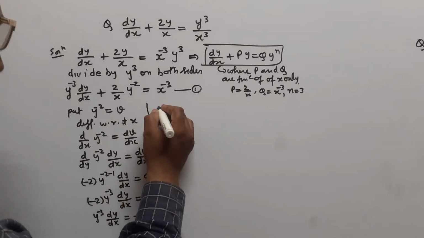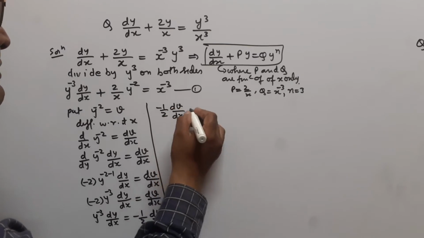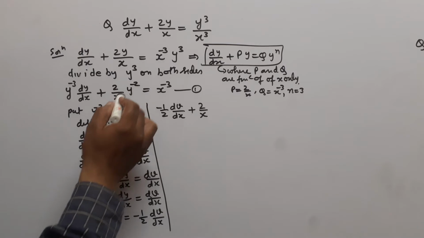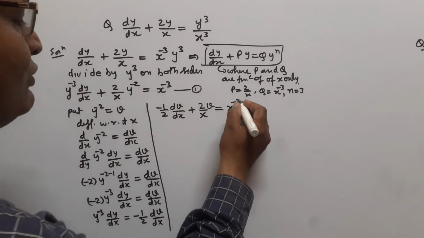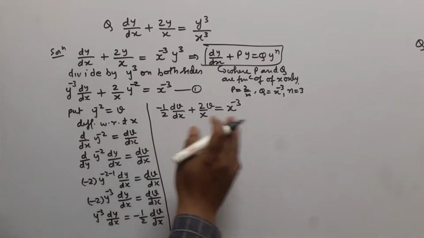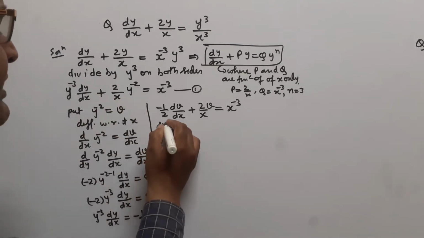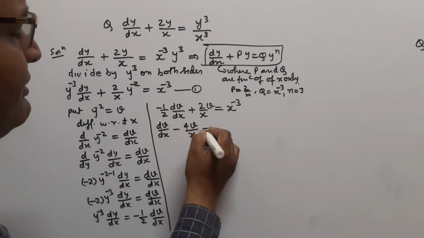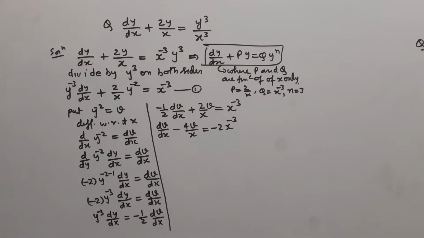So this can be written as -1/2 dv/dx + 2/x, and in place of y^(-2) we put v, so this is equal to x^(-3). Now we multiply the whole equation by -2, so we get dv/dx - 4v/x = -2x^(-3).